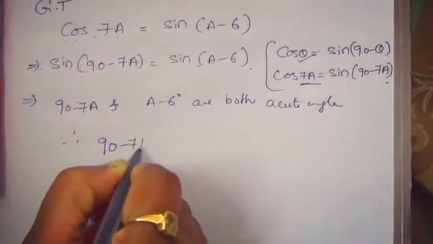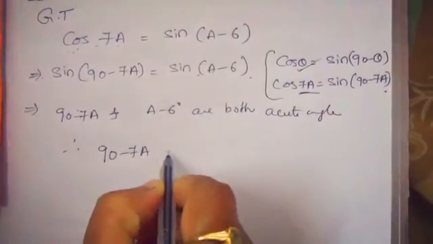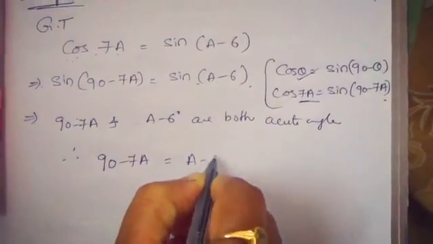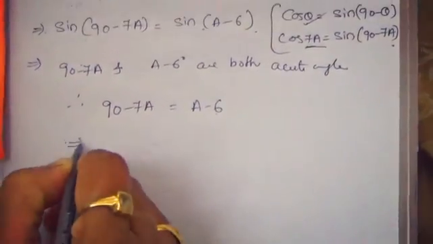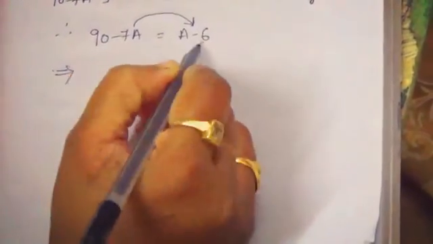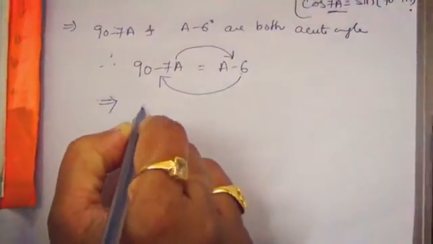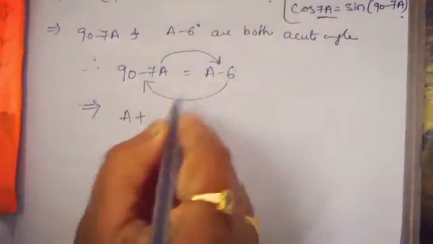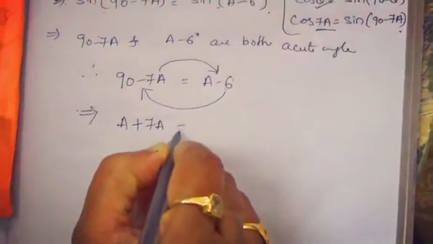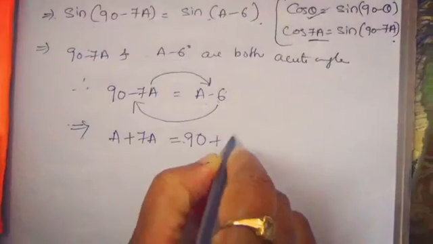90 minus 7A. Here on both sides sine is there, so I am ignoring the sine on both sides. A minus 6. That implies, you bring minus 7A to one side and minus 6 to the other side. So A plus 7A is equal to 90 plus 6.